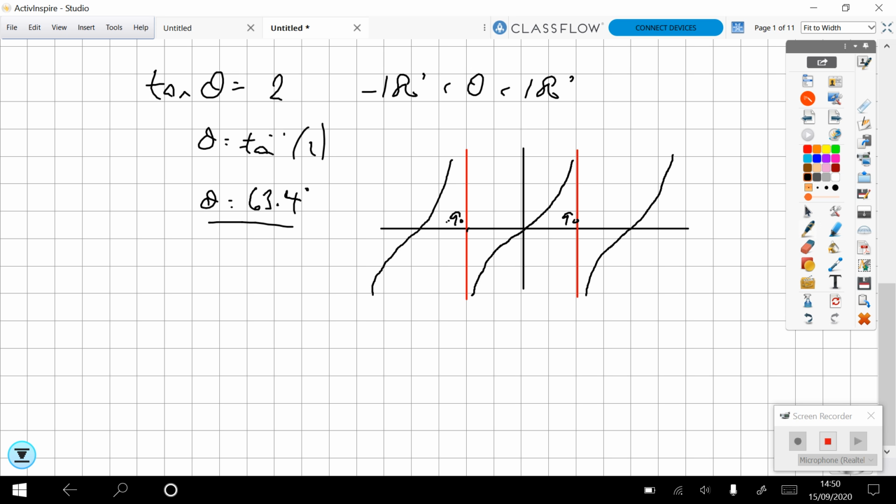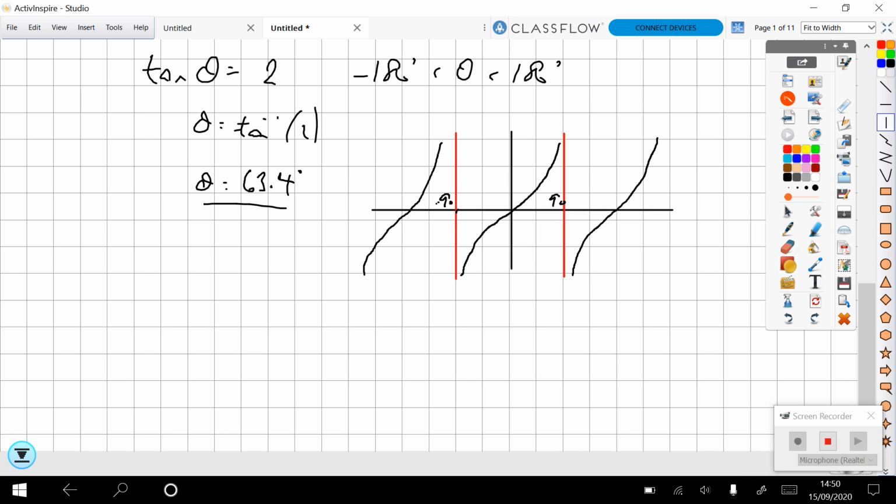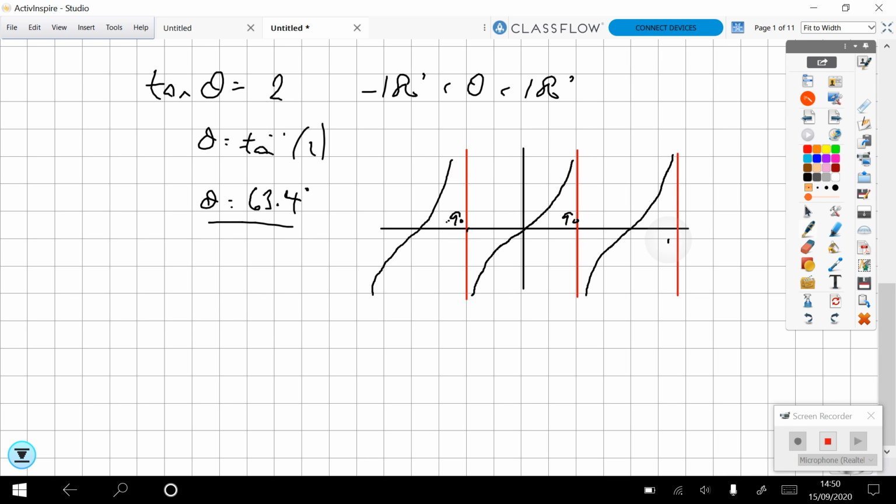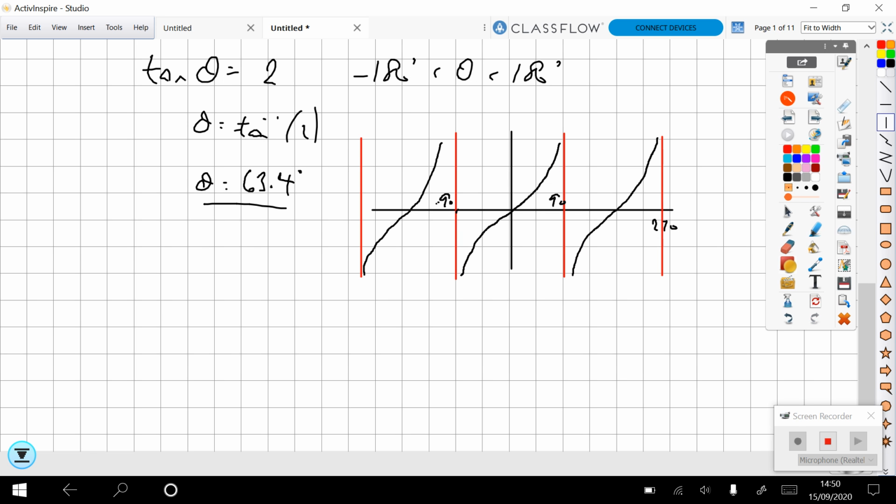This will be at 270 degrees. This will be at -270 degrees.